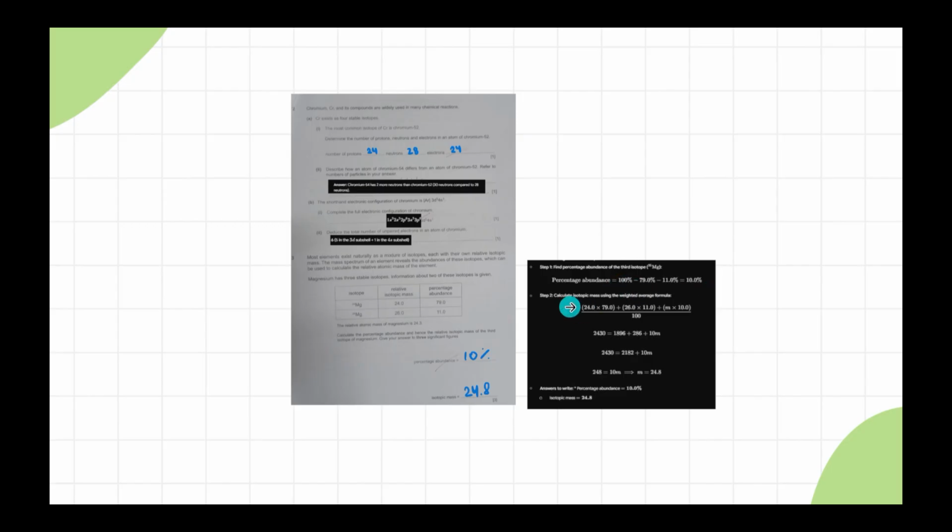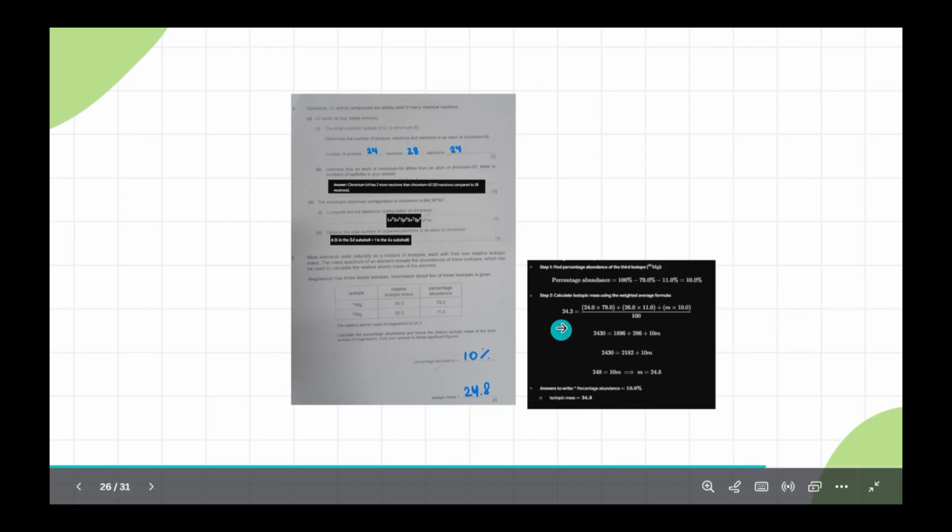Then we calculate the isotopic mass using the weighted average formula: 24.3 equals 24 times 75 plus 26 times 11 plus m times 10, all divided by 100. Calculating this, we get 248 equals 10m, so m is 24.8. So the answers are: percentage abundance is 10%, and isotopic mass is 24.8.